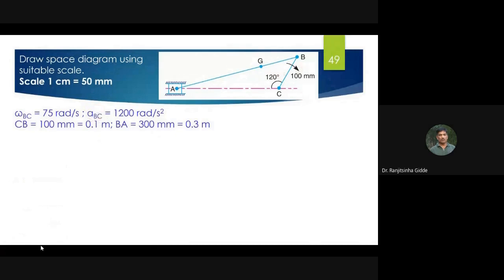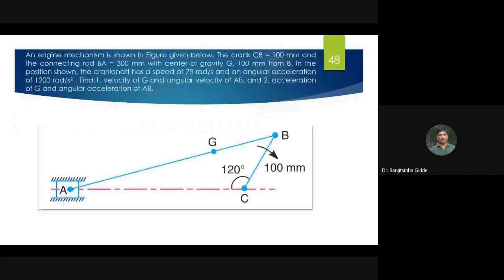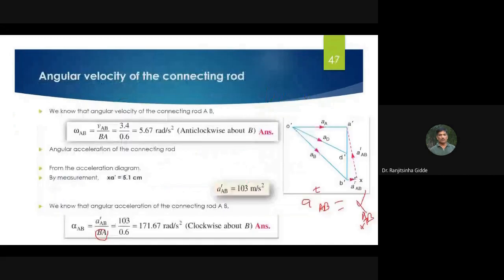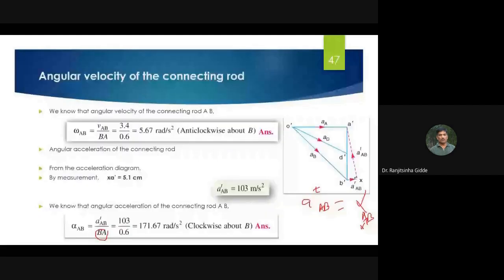Here they have taken alpha 1200 radian per second. So for this BC there will be two components, one radial and another one tangential. So this is for your kind information I have shown. Okay. Next line. Okay. Up to this completed.